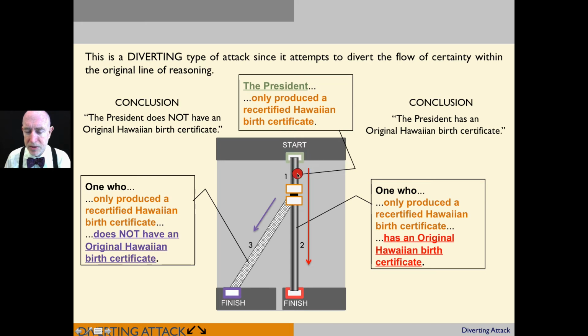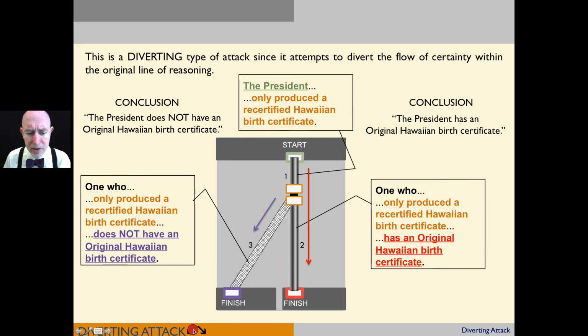So the first premise for this conclusion, the president has an original Hawaiian birth certificate, is the president only produced a recertified Hawaiian birth certificate. So that's your first premise. And the second premise in this line of reasoning is one who only produced a recertified Hawaiian birth certificate has an original Hawaiian birth certificate. Therefore, you have this conclusion.